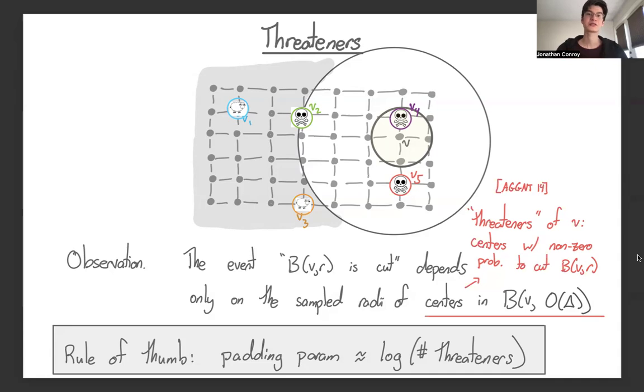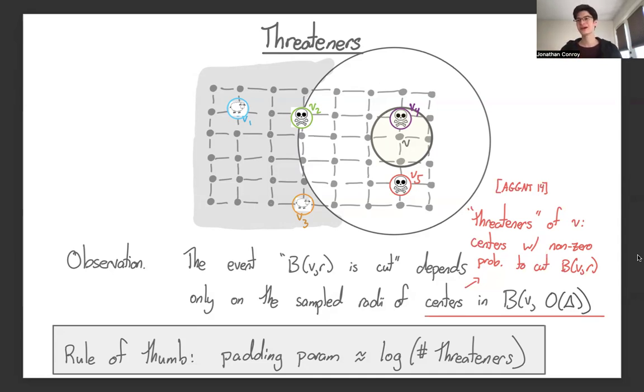In particular, there's this rule of thumb that says if every vertex has a bound on the number of threateners, the padded decomposition is going to have parameter roughly log of the number of threateners. And the argument is just this exact same ball carving argument where the radii are sampled from some appropriate truncated exponential distribution.